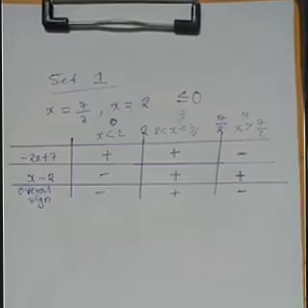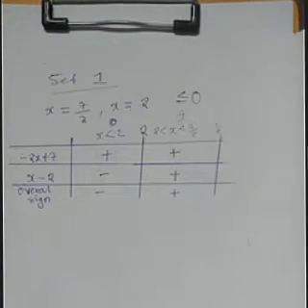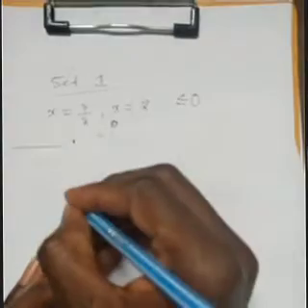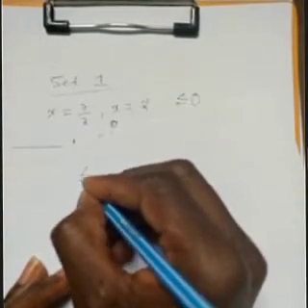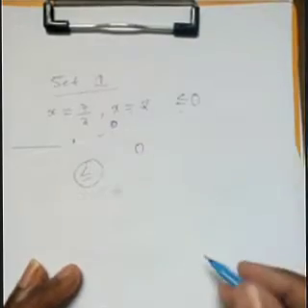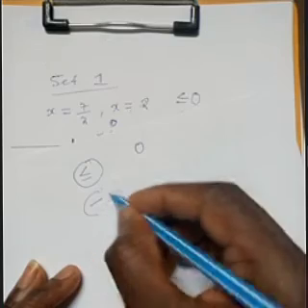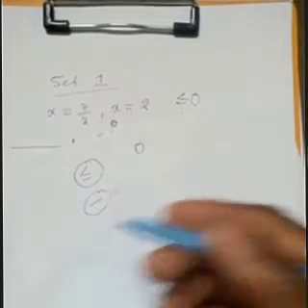Now, you have to make sure that if you're using less than or equal to or even a less than symbol, you only focus on the part that is giving you a negative as the overall sign, because less than or equal to only caters to numbers that are less than what? 0. So if you get a negative as the overall sign, that is going to be part of your solutions.